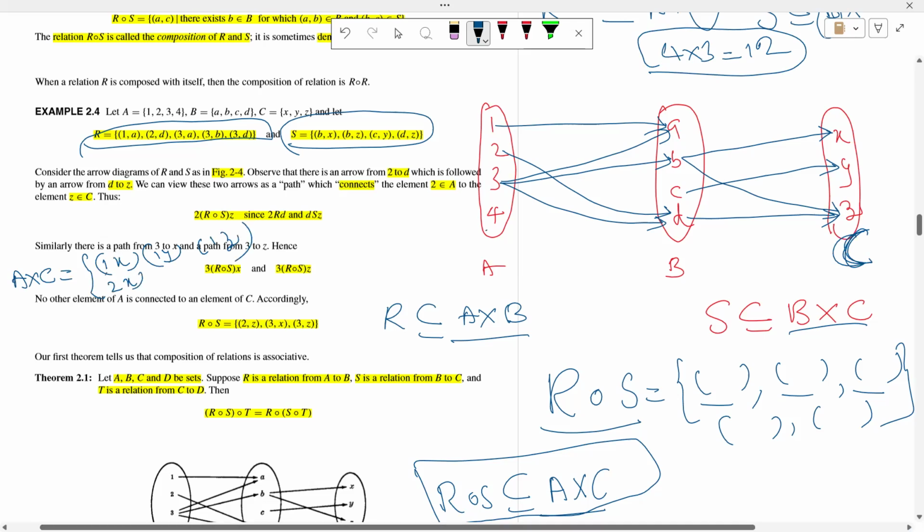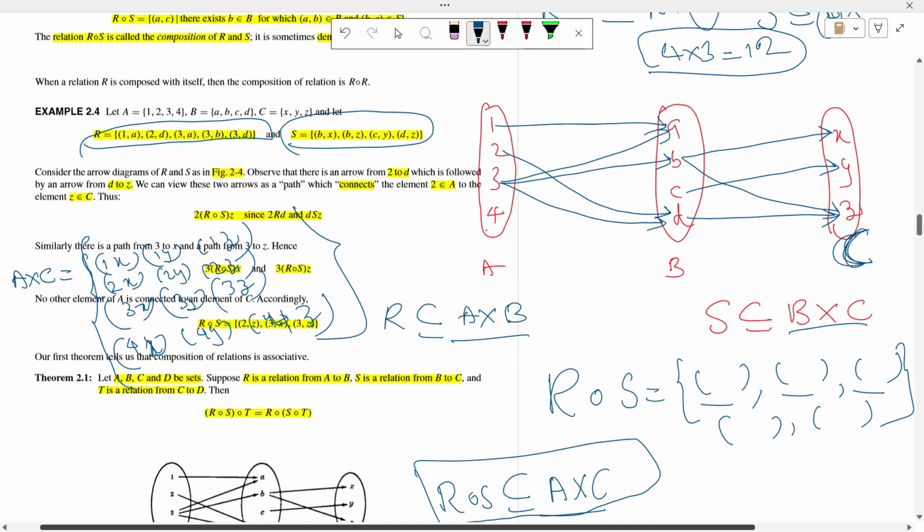Similarly 2x, 2y, 2z. Similarly 3x, 3y, 3z. Similarly 4x, 4y, 4z. These are all 12 ordered pairs of A cross C. Among all these 12 ordered pairs, we need to find only the suitable ordered pairs for this relation.